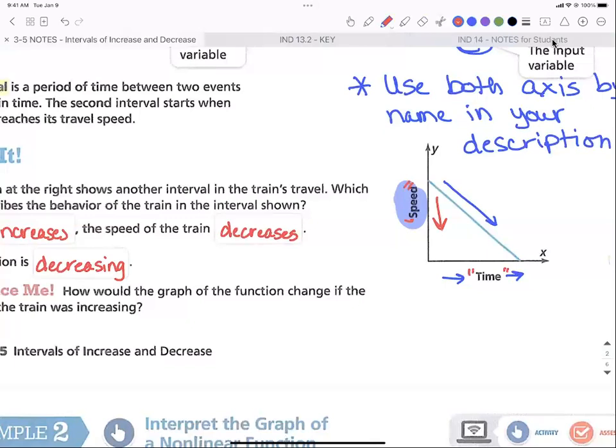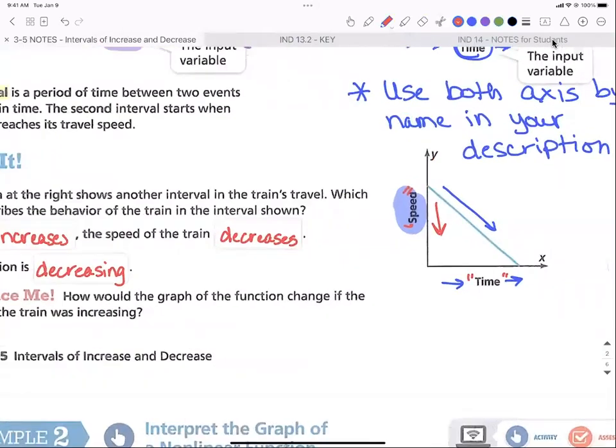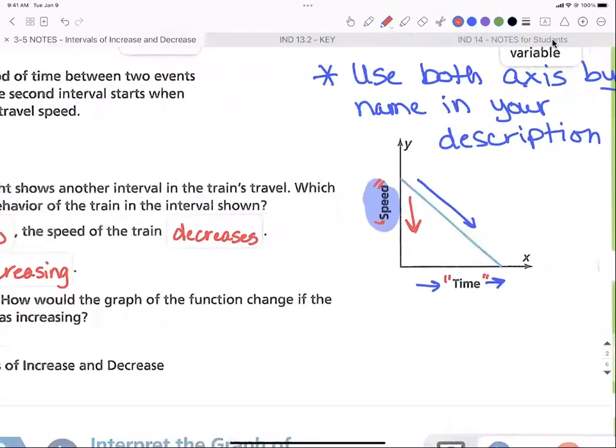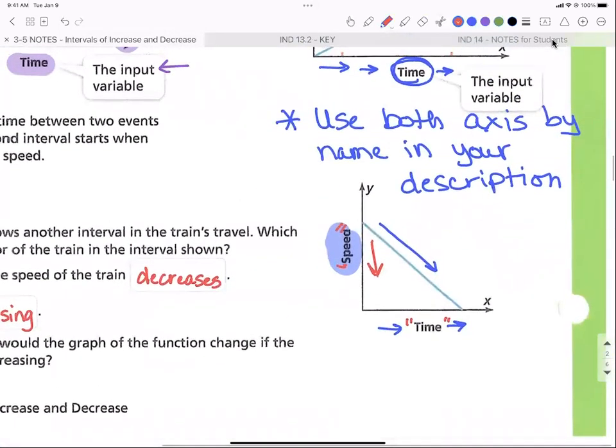Okay. How would this graph of the function change if the speed of the train was increasing? Very difficult, I know, but I have faith in you all. Are you ready for this? That's what it would look like. That's it. Okay. The blue section shows the train decreasing in speed.